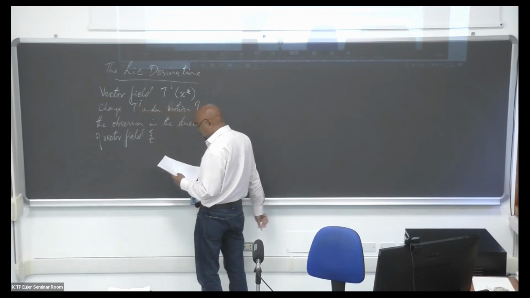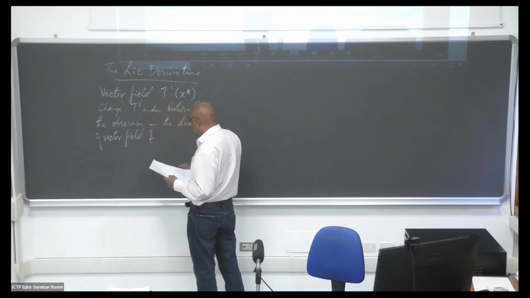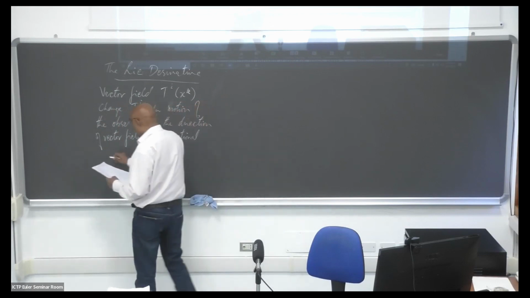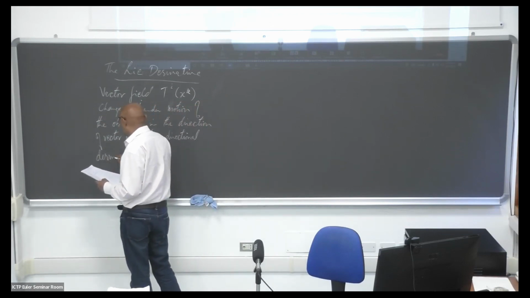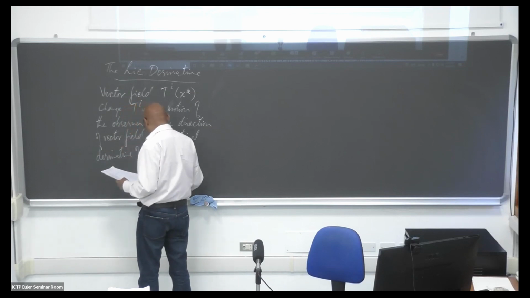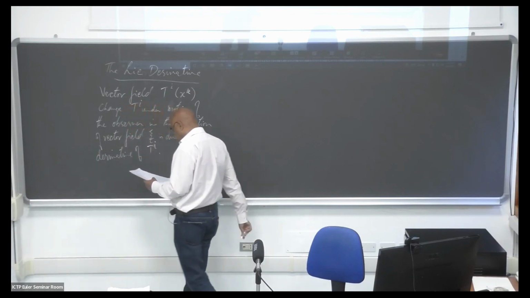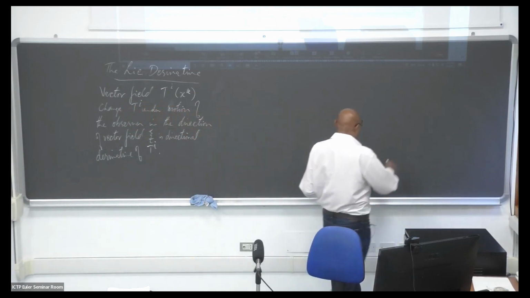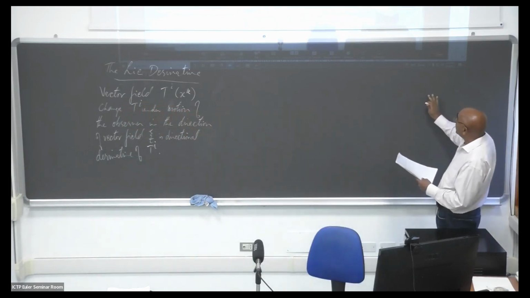So this is a vector xi. So this is basically our directional derivative of Ti. So geometrically, we can say that it is visible here.